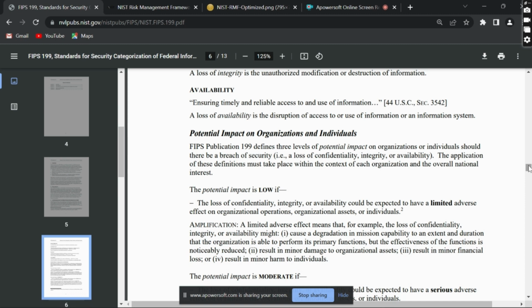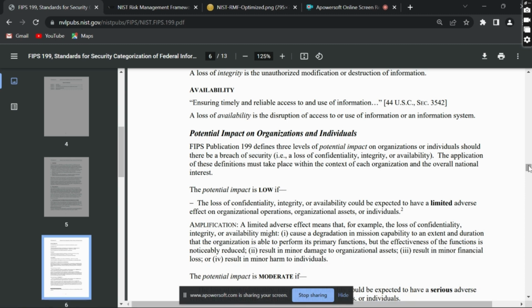A limited adverse effect means that, for example, the loss of confidentiality, integrity, or availability might cause a degradation in mission capability to an extent and duration that the organization is able to perform its primary functions, but the effectiveness of the functions is noticeably reduced.